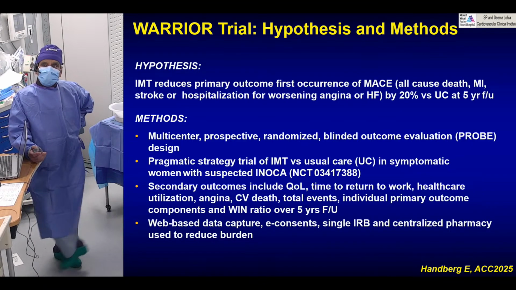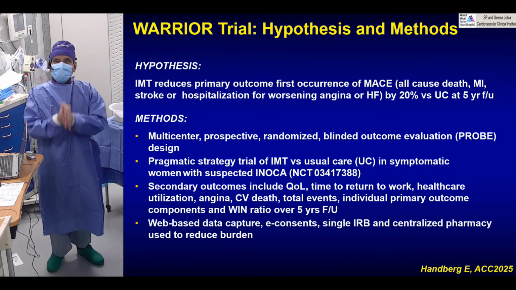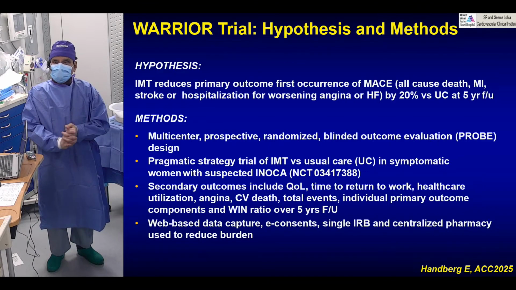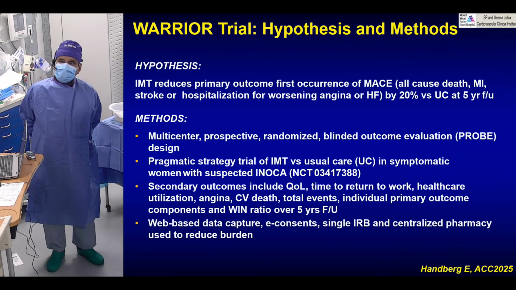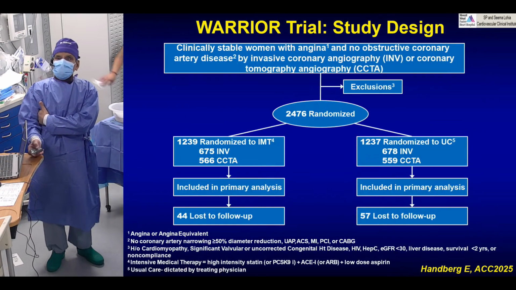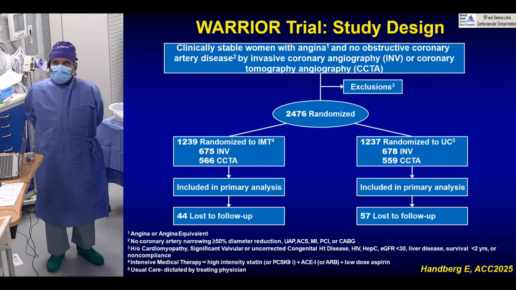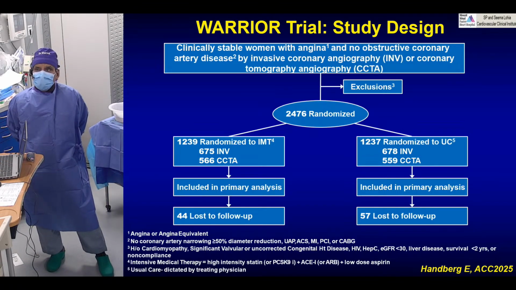What they did basically is say, well, let's find out what happens with treatment of non-obstructive coronary artery disease in patients who have ischemia by clinical symptoms or by stress test, basically INOCA patients. This is a large trial of about 1,200 patients. It was pre-COVID, and then during COVID there was a big issue with enrollment.